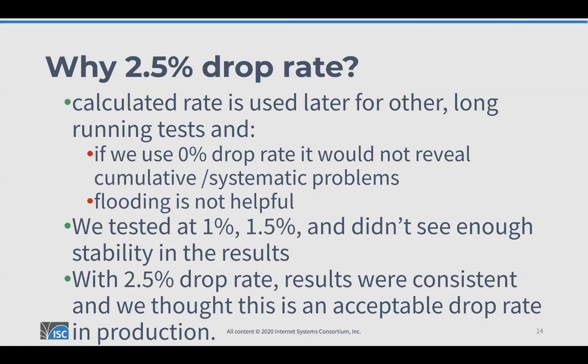A 2.5% drop is not much bigger, but it's easier to manage such tests. And we think that 2.5% is actually an acceptable drop rate, because it means just 2.5% of real clients in a real network will have to resend solicit or discover messages.